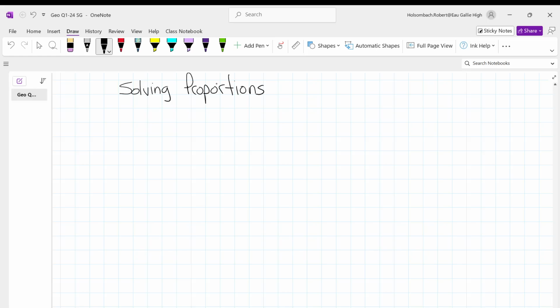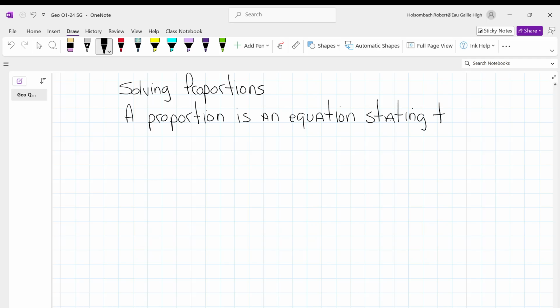And a proportion is an equation stating two ratios are equal.